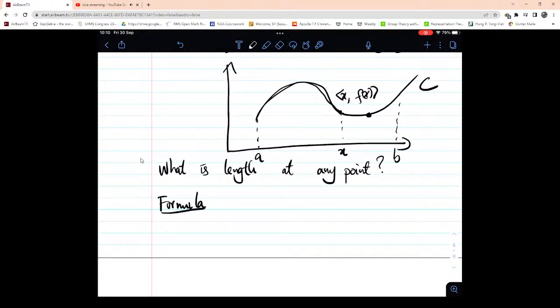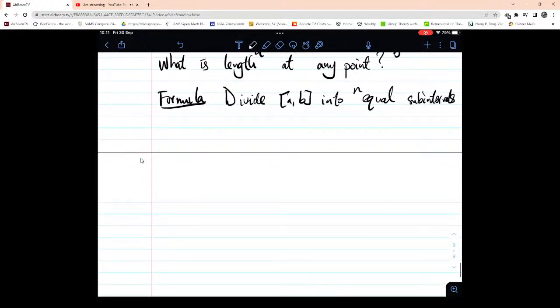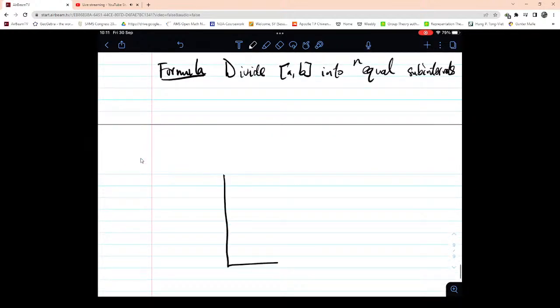To find the formula, we again divide the interval AB into n equal subintervals. Let me draw what we have. We've got our function like that.